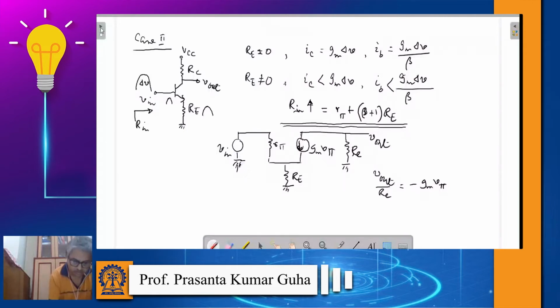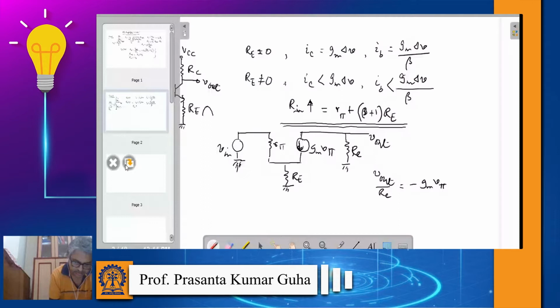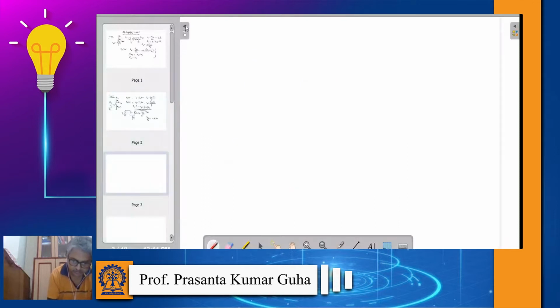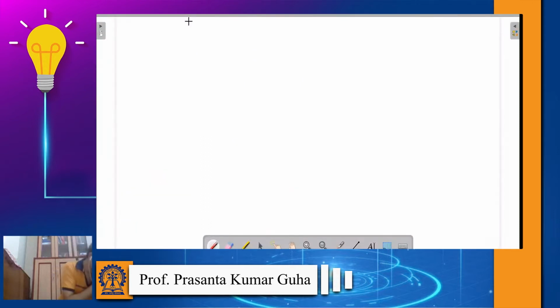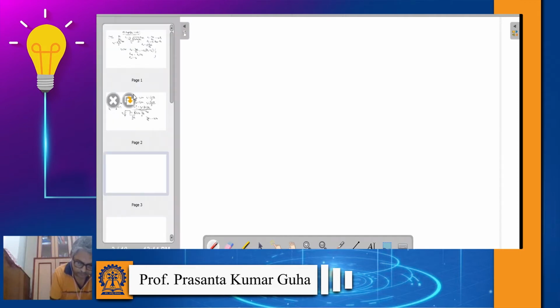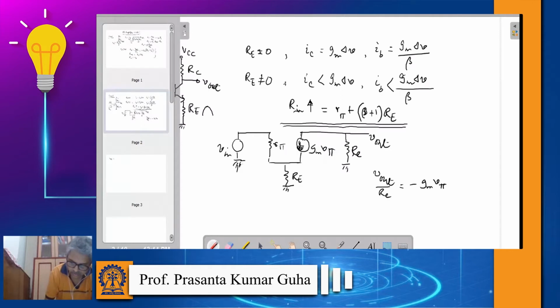Let me go to the next slide. So VRE we can write equal to... you see there are two currents.